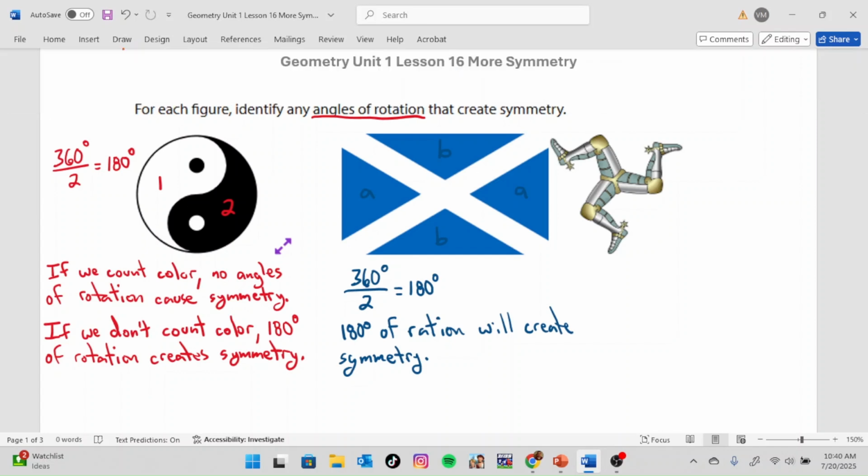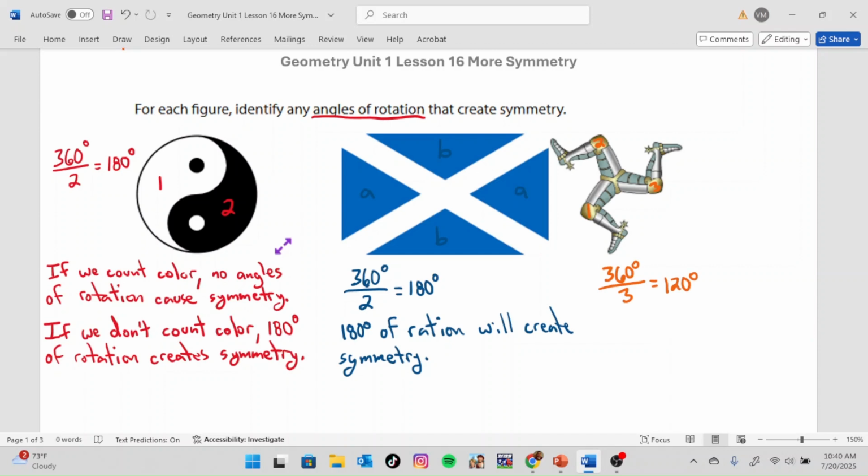And then the third shape here, we have 3 legs that are all the same. We've got leg 1, leg 2, and leg 3. So I would take my 360 degrees, I would divide that by 3, and that gives me 120 degrees.